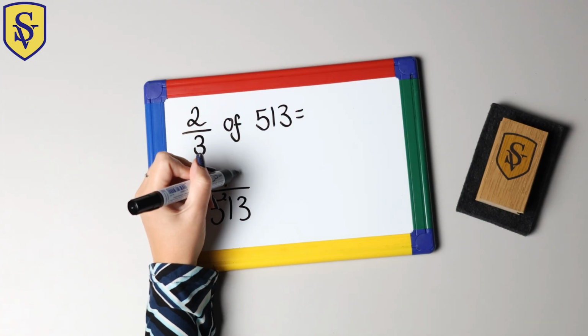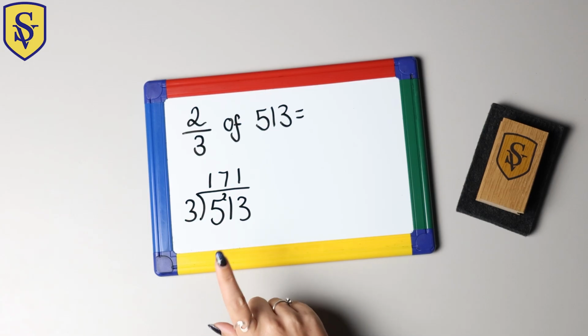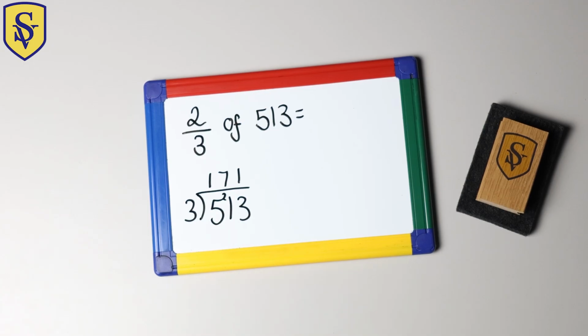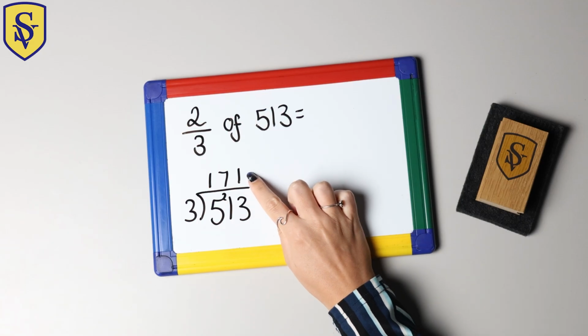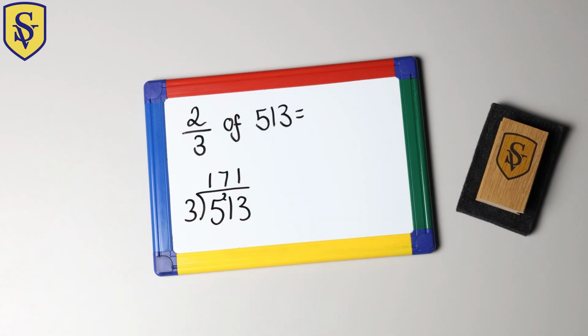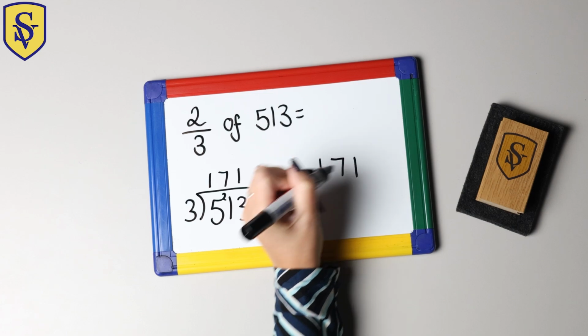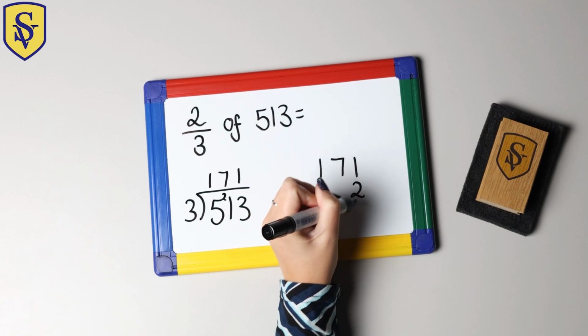The answer is 1. So at the moment, we've only found 1/3 of 513, and we needed to find 2/3. So the next step is we're going to take the answer and we're going to multiply it by the numerator, which is the top number. So we're going to do 171 multiplied by 2.